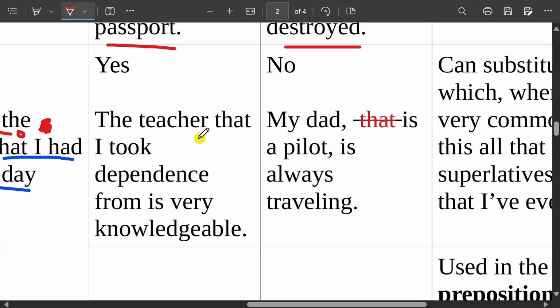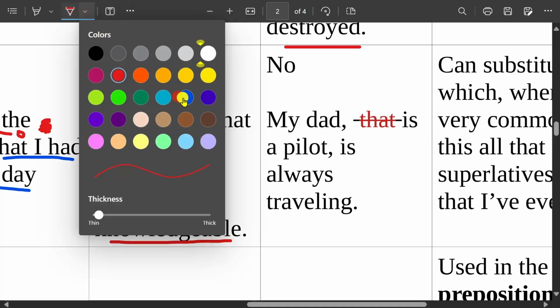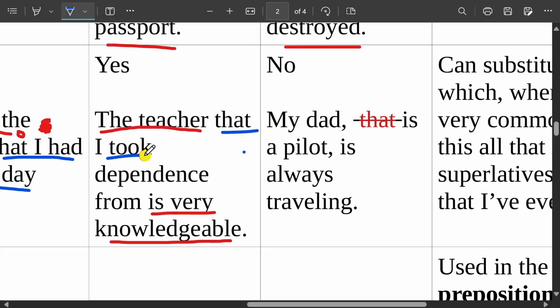Now look at this. Defining or non-defining, Bhante? The teacher, you see? The teacher that I took dependence from is very knowledgeable, okay? So look at this, the relative clause is talking about the teacher, right? That I took dependence from. This is the relative clause. So this is the relative pronoun, and I is the subject, so that is the object, okay?